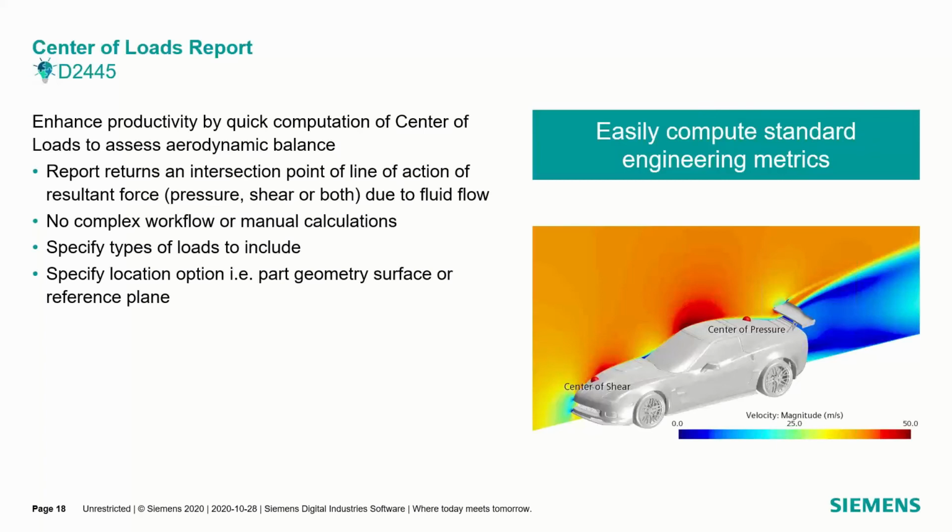So this improvement, the center of loads report, is something that was introduced a version or two ago, but I did want to highlight it here because I think it's really helpful. Basically, it returns an intersection point of the line of action of your resultant force due to the fluid flow.